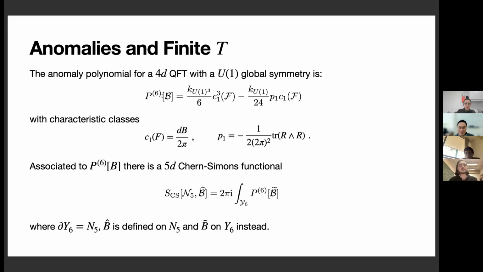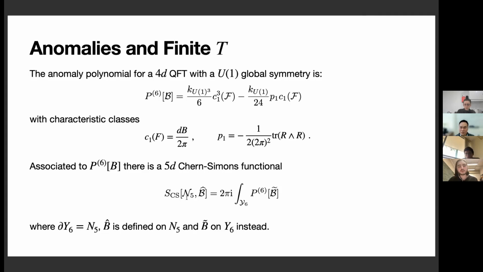Associated to this six-form, we can then define a Chern-Simons functional in this way. This Chern-Simons functional is obtained by considering a manifold Y6, which is a bulk extension of the manifold N5 where the Chern-Simons functional is defined. We have to make certain choices of the extension Y6 to make sure that this functional is a well-defined Chern-Simons functional in five dimensions.